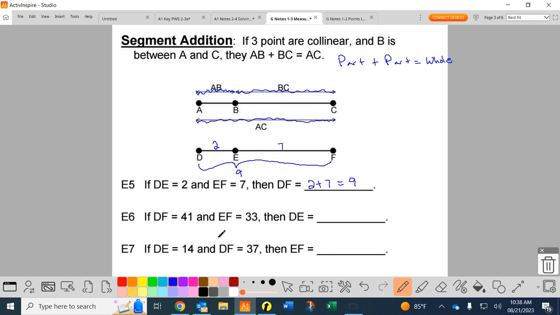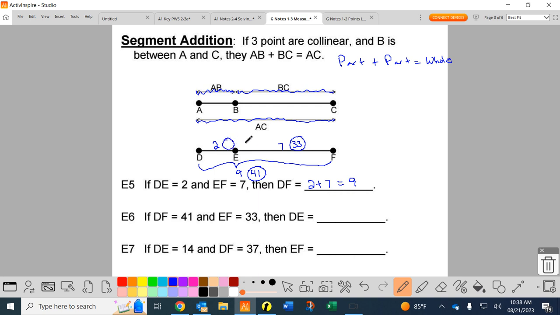This is what I would do. If we know that DF right here is 41, I would circle this to separate it from the other numbers. And we know that EF is right here, it's 33. Circle that. I need to figure out a way to work backwards and find the other part.